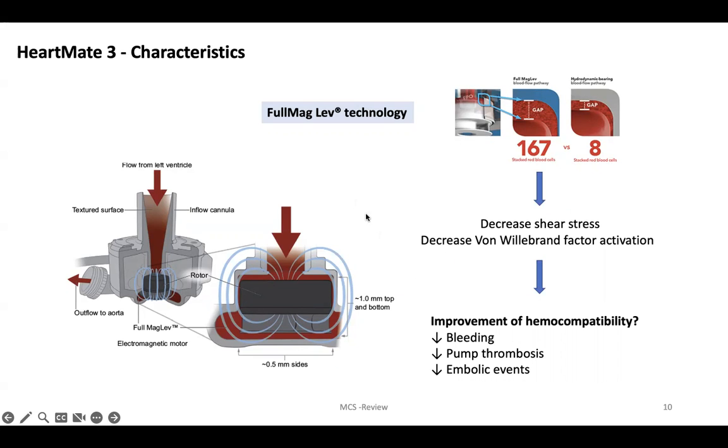And this simple fact is probably the cause of all the observed phenomena we're going to talk about in the MOMENTUM trial, with a reduction of bleeding, pump thrombosis, and embolic events.